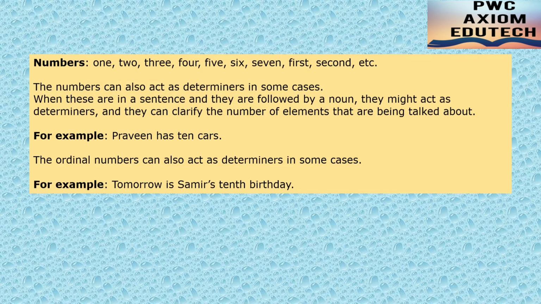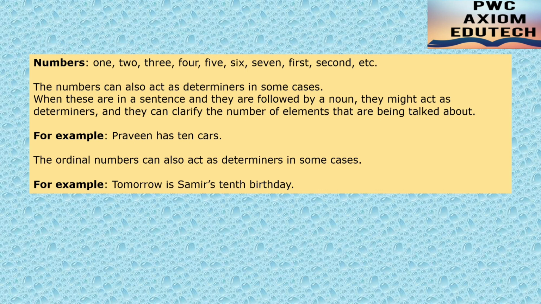Okay, students, so let's learn some numbers: 1, 2, 3, 4, 5, 6, 7, 8, 9, etc. These numbers also function as determiners. When they are in a sentence and are followed by a noun, they act as determiners, and they clarify the number of elements being talked about.